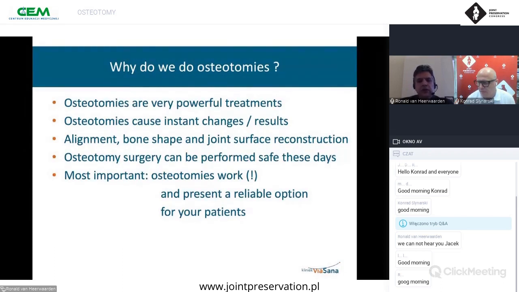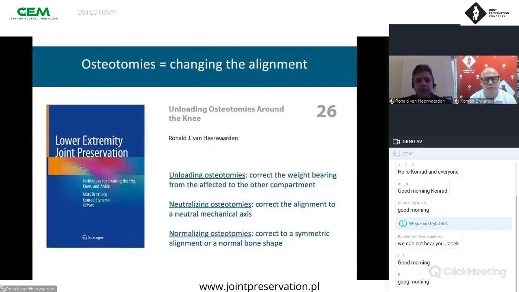And of course, the treating surgeon should be aware of complications that can take place. However, these days, with the current instruments and planning techniques, these kind of surgeries can be performed safely. And most important, it works. And many of the speakers will present cases and will tell you about how it works and what the effects of osteotomies are.